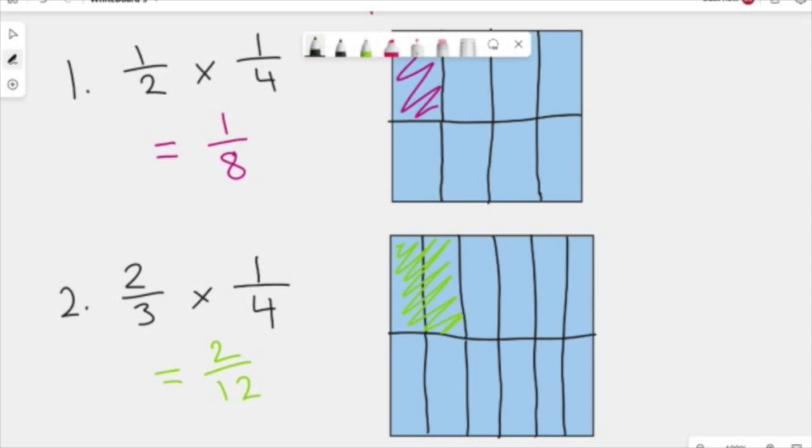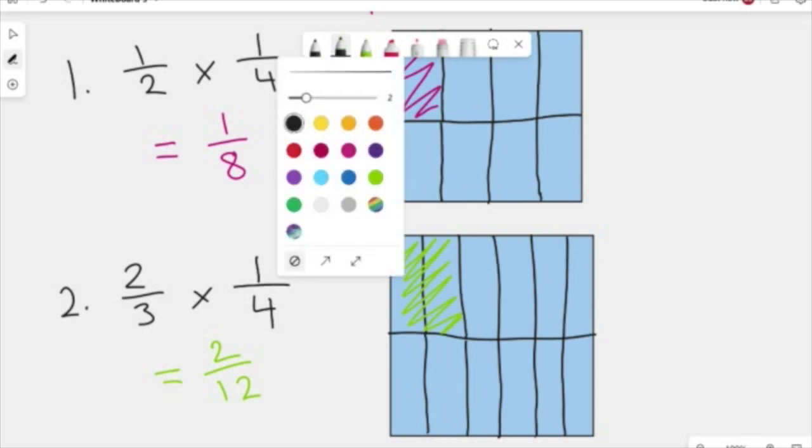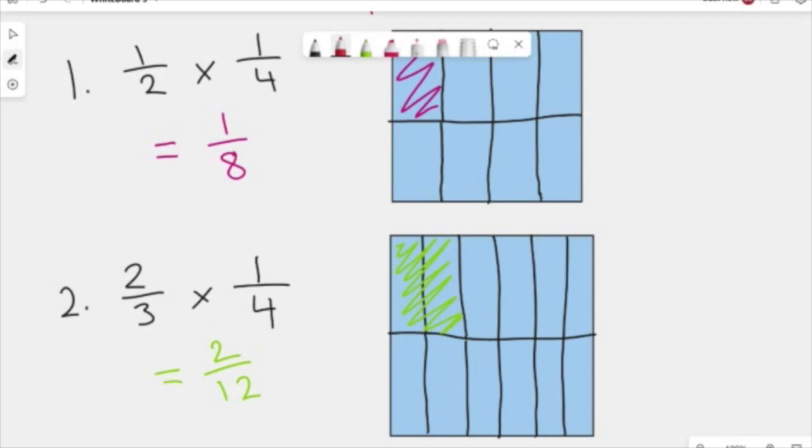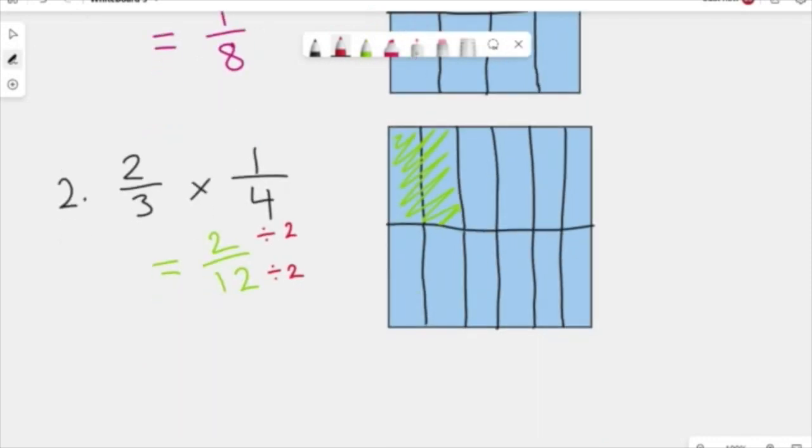Now, before we wrap up, can we simplify this? We see top and bottom that 2 goes into our numerator 2 and our denominator of 12. So we can simplify now to 1/6. But wait, humor me for a minute.